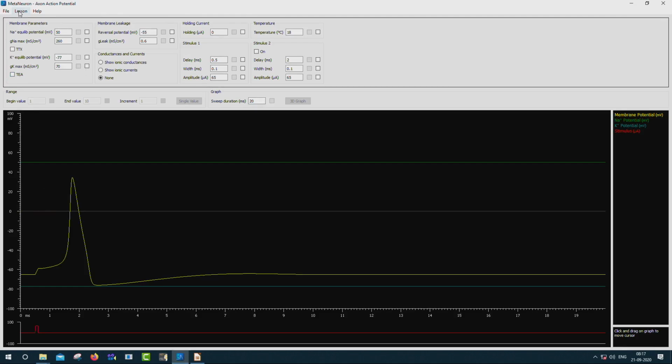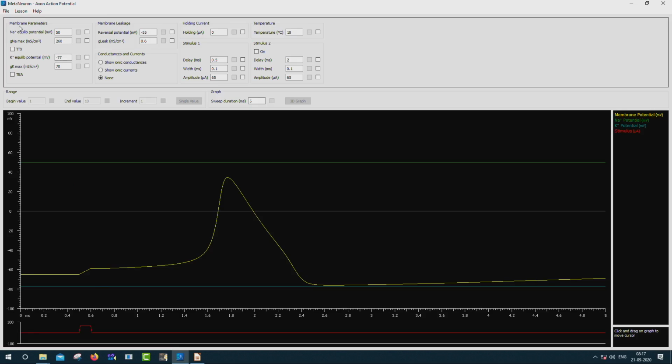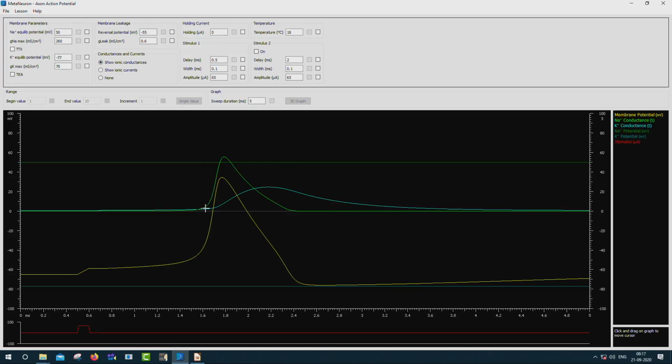Let's go back to defaults, because for the ionic conductances and ionic currents, it's easier to see when it's a little expanded. Nothing has changed; we've just decreased the sweep duration from 20 to 5, which is the default. So let's see what happens to the sodium and potassium when we show the ionic conductances. The sodium conductance is the green trace, and the potassium conductance is the blue trace.